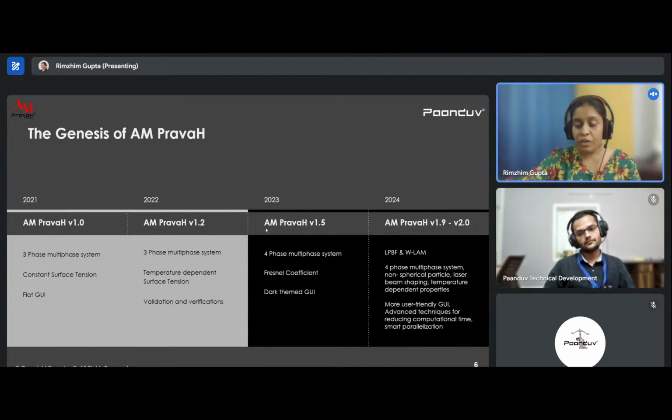And again, we have incorporated the four-phase multi-phase system, but the new things here are the addition of non-spherical particle spreading, laser beam shaping, temperature-dependent surface tension, as well as thermophysical properties of alloy, the user-friendly graphical user interface, and we have equipped the software with advanced techniques for reducing the computational time, and this is also equipped with smart parallelization.